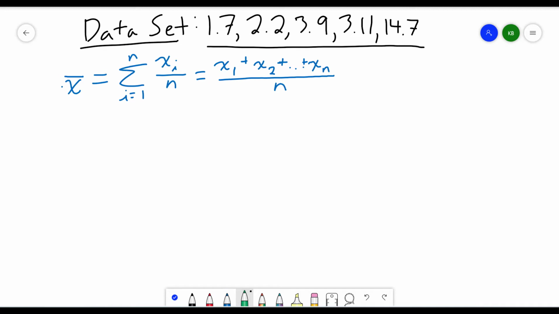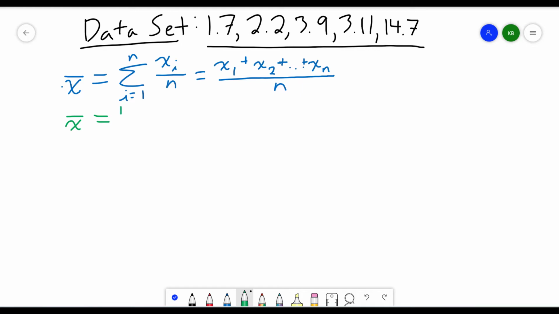So if I were to do that with this sample, I would get this example that I have. I'd be looking for my sample mean, x bar, and then I would be adding up all of my data values and dividing by how many there are.